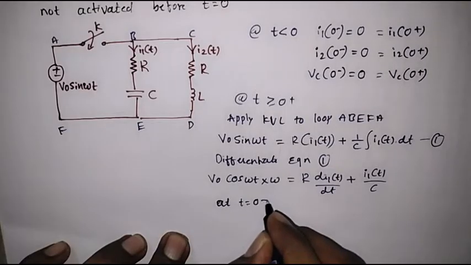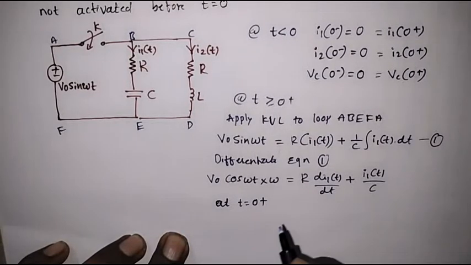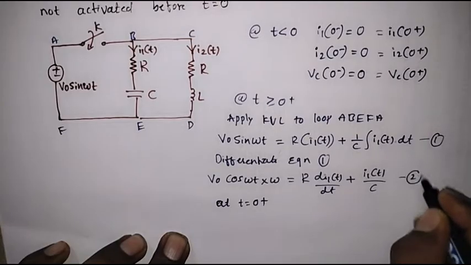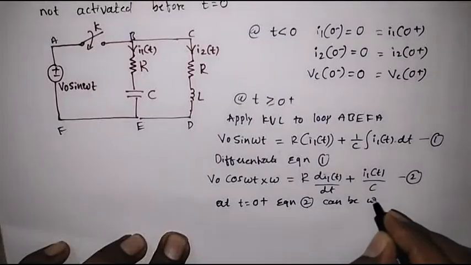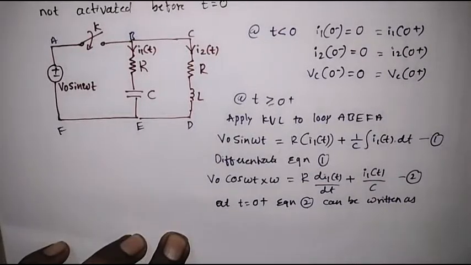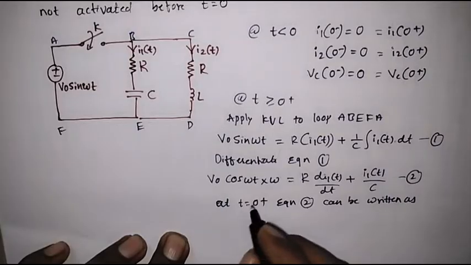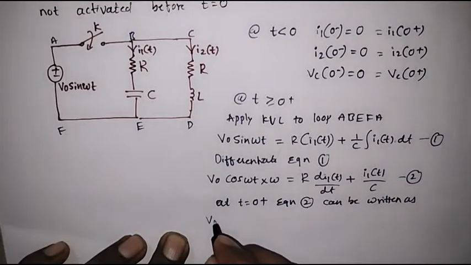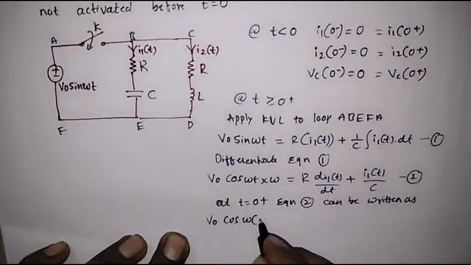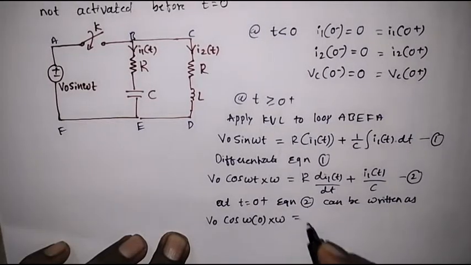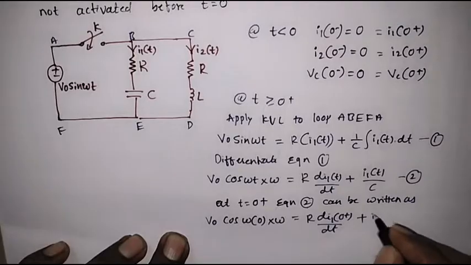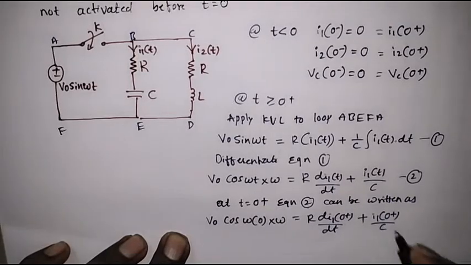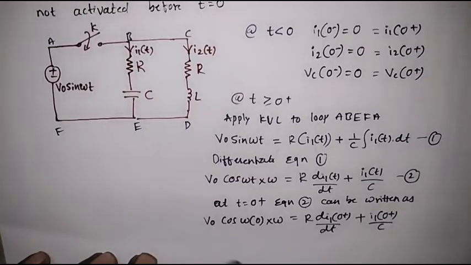At t equal to 0+, equation 2 can be written as V0 cos(omega times 0) into omega is equal to R di1(0+)/dt plus I1(0+)/C.